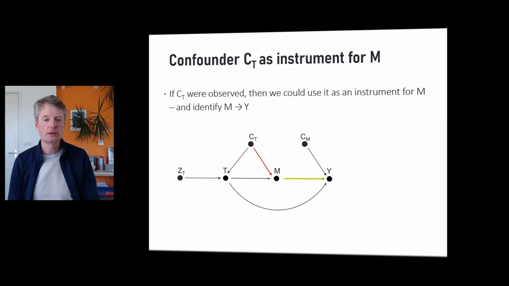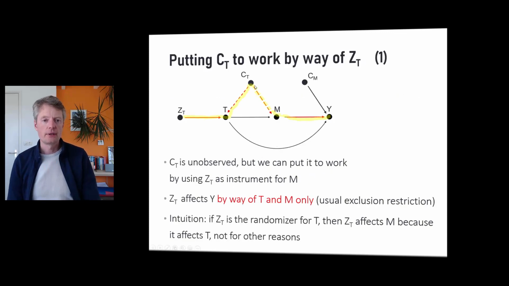And that is the trouble here, is that CT is actually unobserved. But the basic idea here is that by using this instrument CT as an instrument for M, while adjusting for T, we actually implicitly use CT as our instrument.